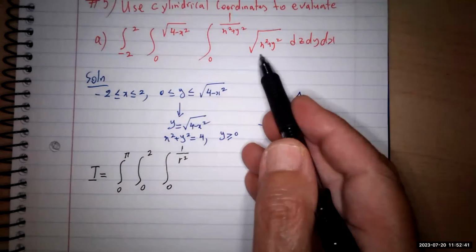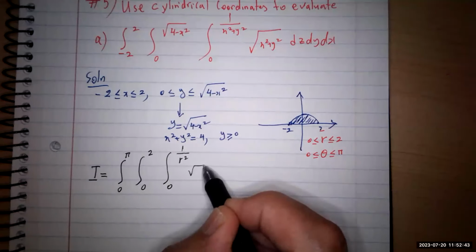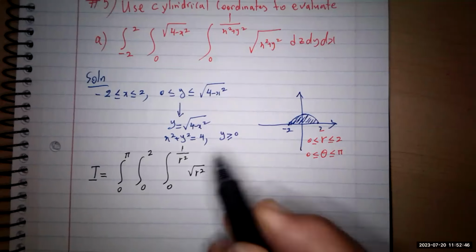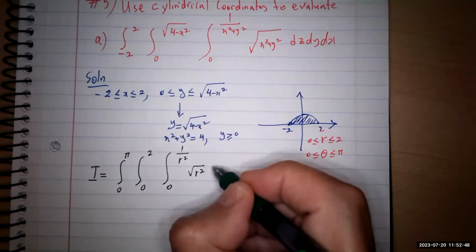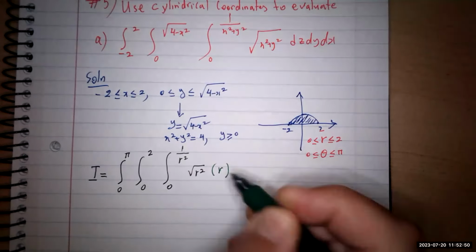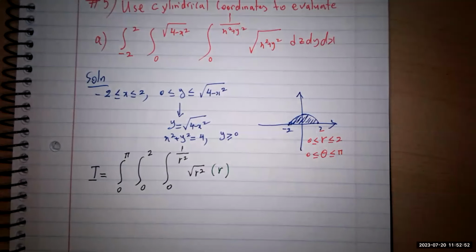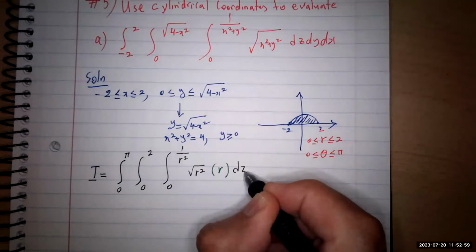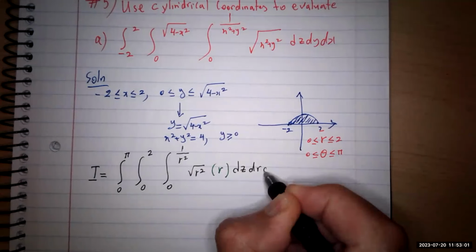The function becomes the square root of r squared, times the extra r, and you integrate with respect to z first. That's dz dr d theta. Any question?